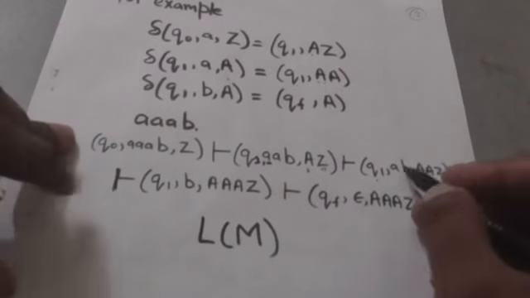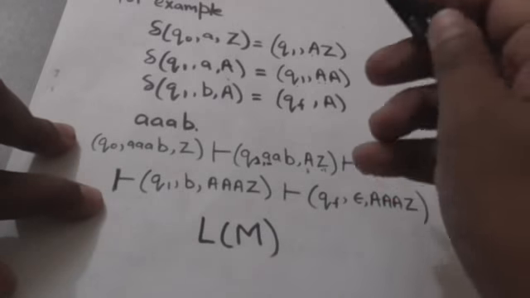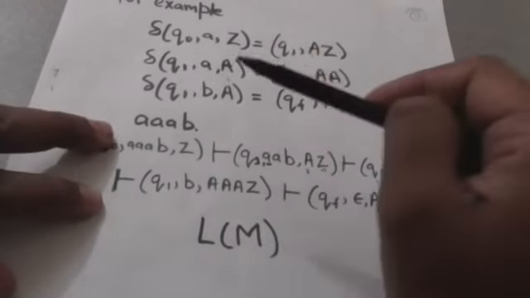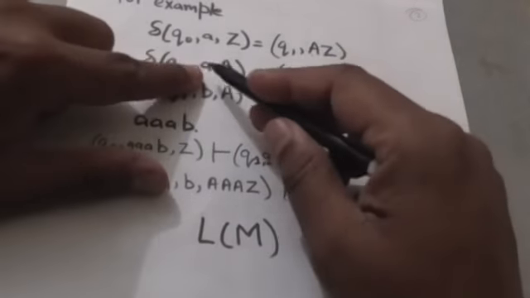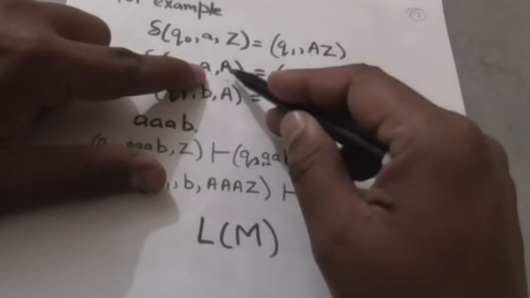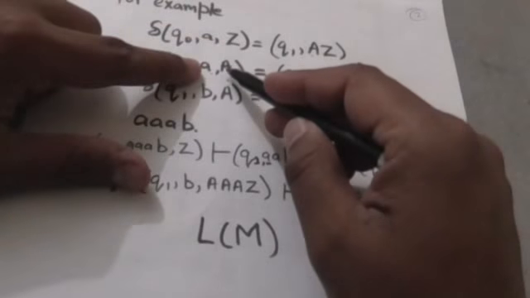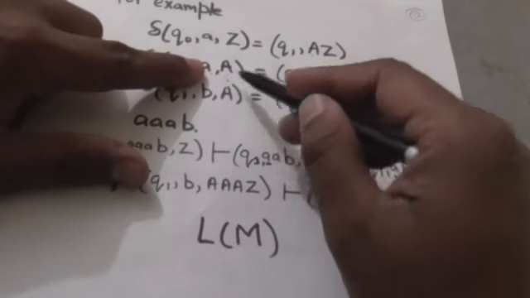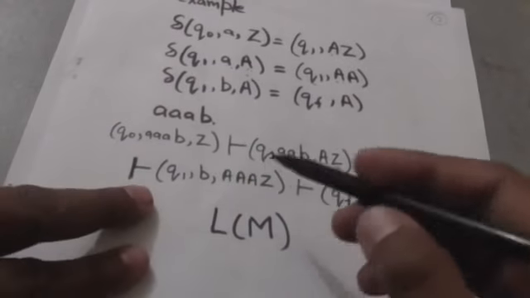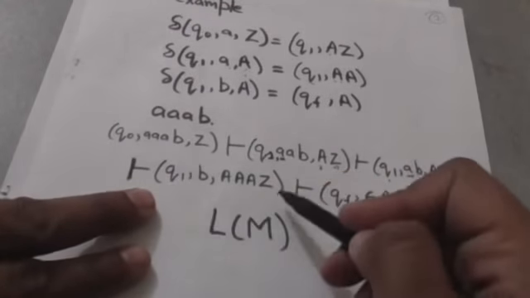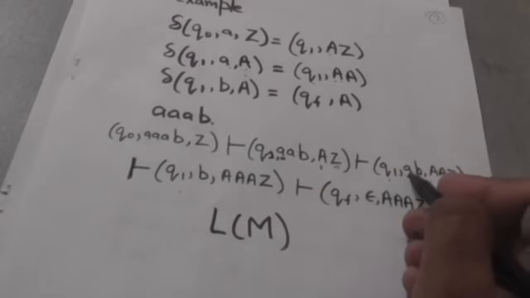Now it has to read this A. When it is in state Q1 and reads input symbol A and top element of the stack is A, it remains in state Q1 and pushes stack symbol A in stack. This will be the configuration of Pushdown Automata after reading this A.